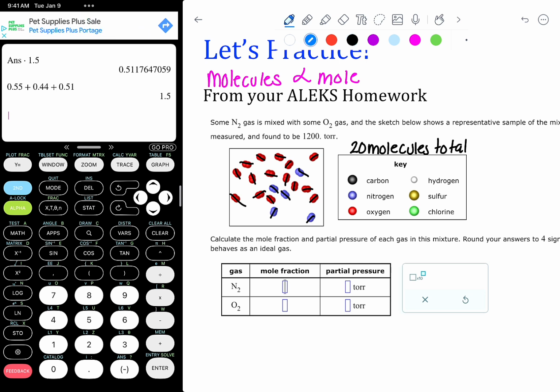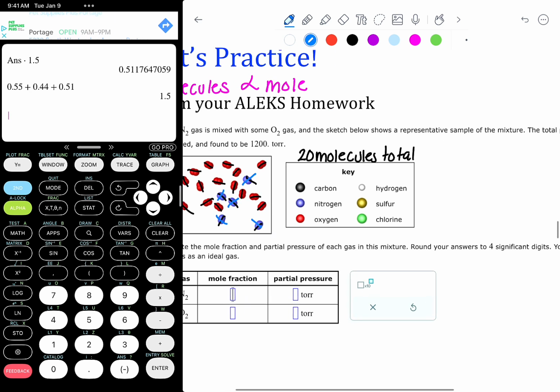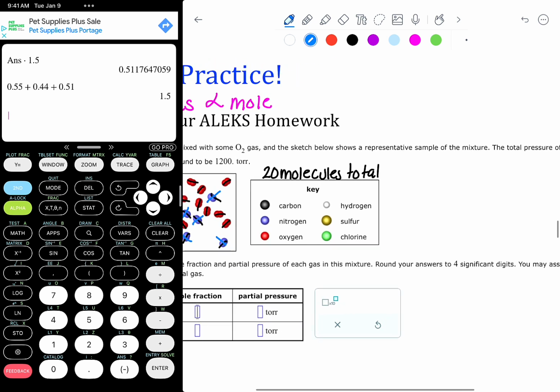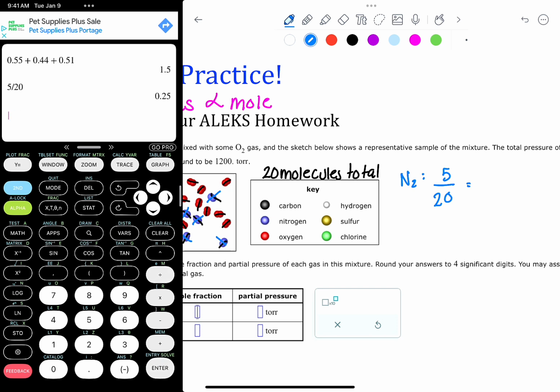So nitrogen, how many molecules of those 20 are made up of nitrogen? 1, 2, 3, 4, 5. So nitrogen's mole fraction is going to be 5 over 20. And your ALEKS homework wants you to find the decimal for this, so we are going to do 5 divided by 20. So 0.25.